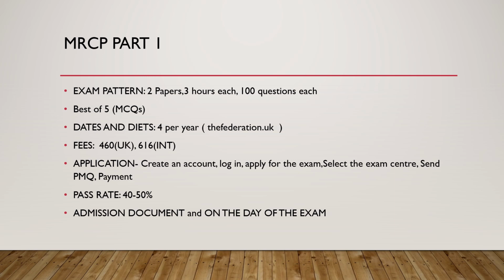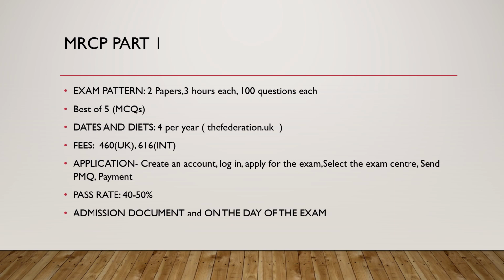After logging in, go to the upcoming exam section, apply for the desired exam, and then select the exam center. When you're applying for part 1, at the same time send your PMQ to the mail ID that I mentioned before, and then do the payment. This is the brief application process.